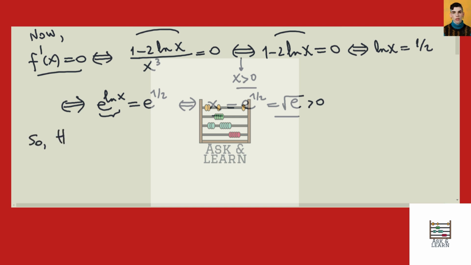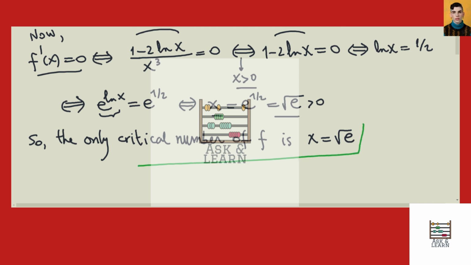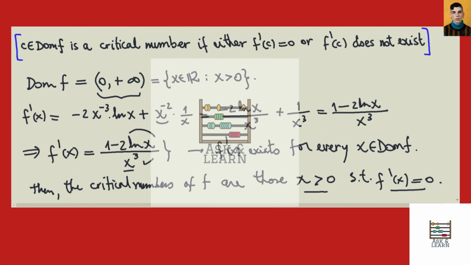So the only critical number of the given function f is x equal square root of e. So it's very important that we find first the domain of the function, then find the derivative, look at where that derivative exists.